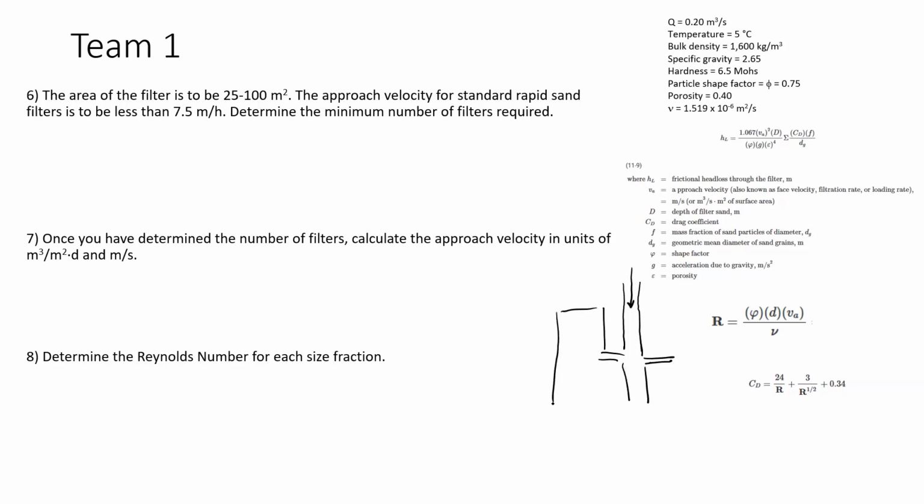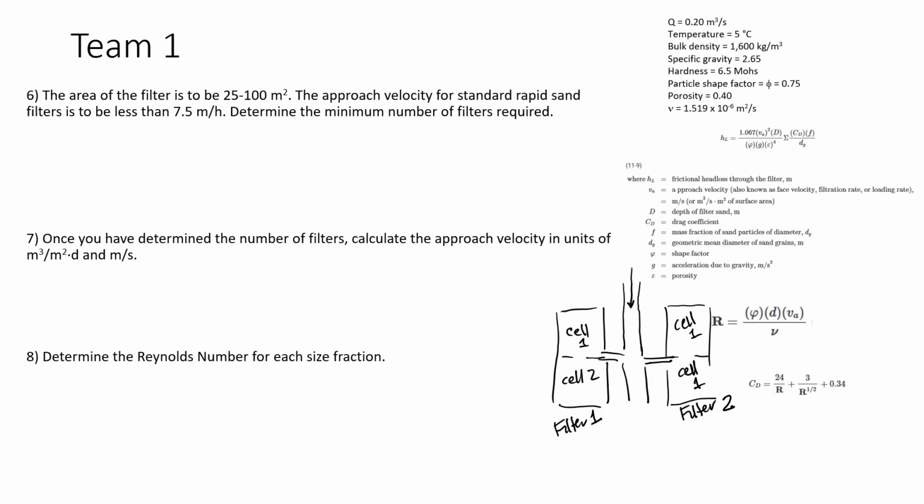We have one filter bed here, one filter bed here, and this has two cells. So this is cell one to cell two of filter one. And then this is cell one here, cell one of filter two. You'll always have an even number.